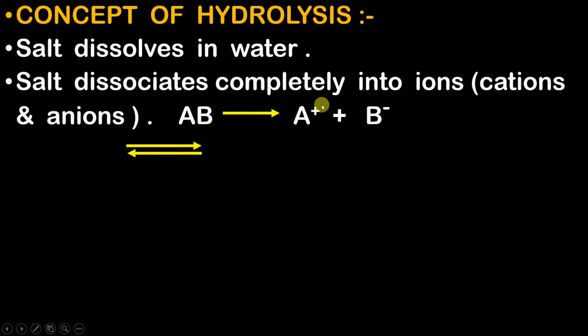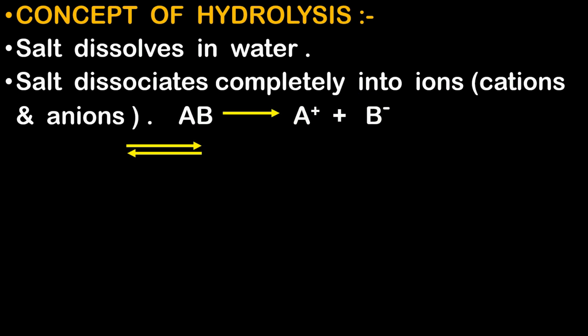This positive ion is called the cation, and this negative ion is called the anion. And since this salt dissociates completely, this salt is a strong electrolyte.